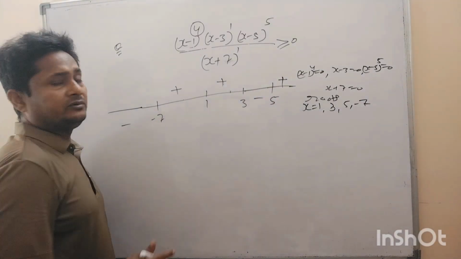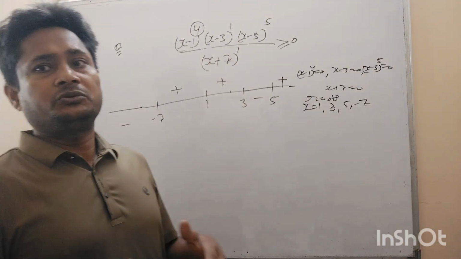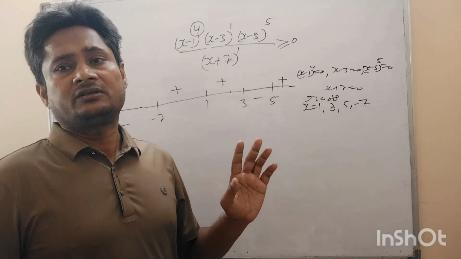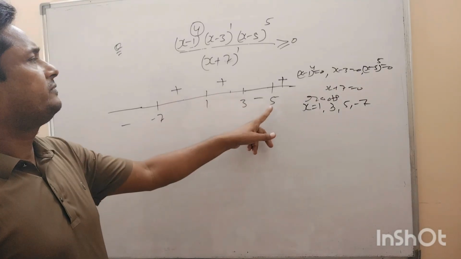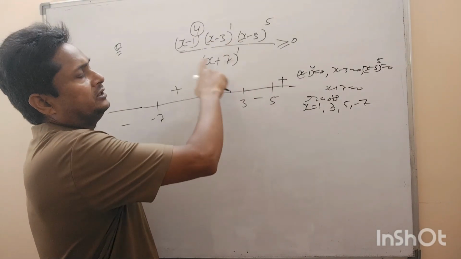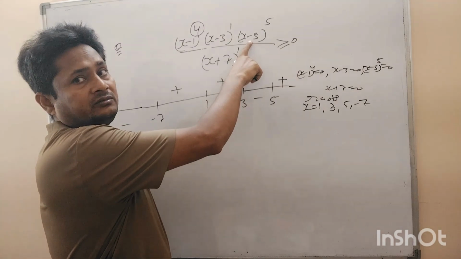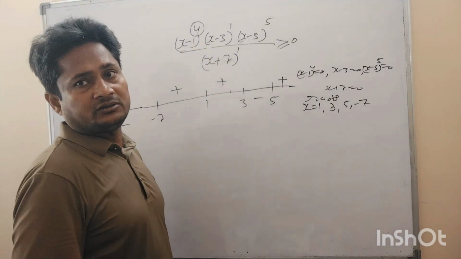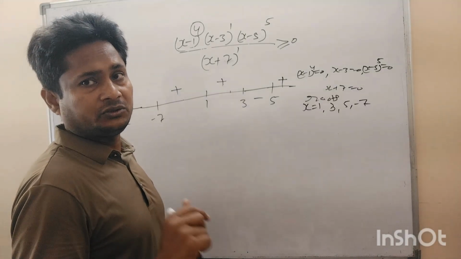First we have to check which root satisfies the inequality and which does not. So 5: put x equal to 5 in the whole expression. The left hand side becomes 0. So 0 greater than or equal to 0 is true.